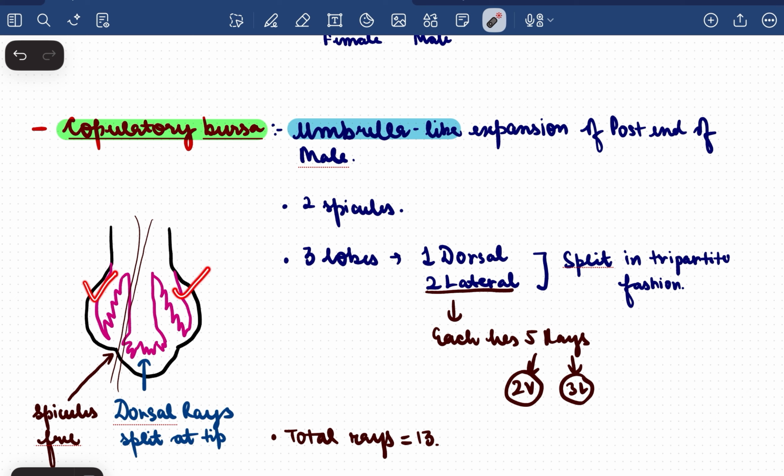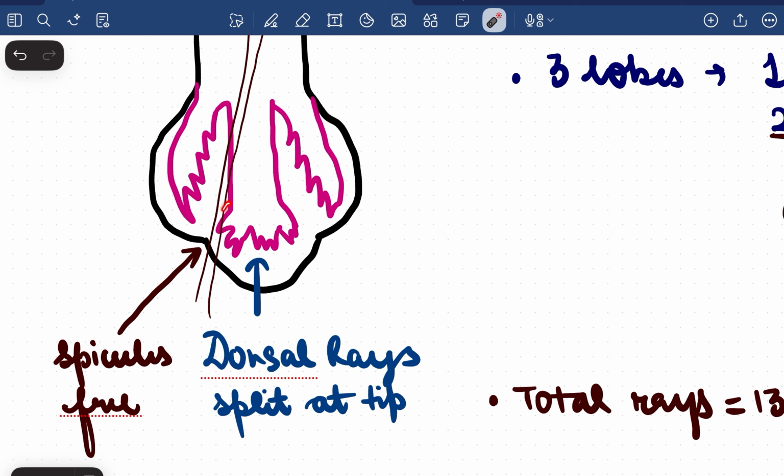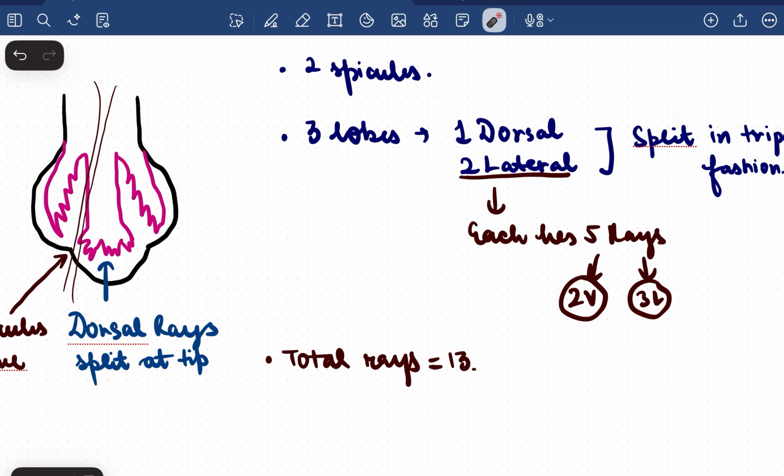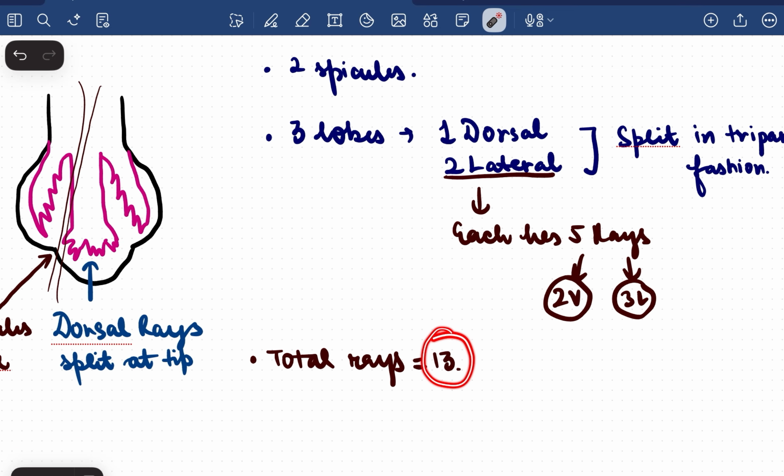These are two lateral in position and one dorsal in position. The lateral rays are 5 in number, 5 each, and the dorsal ray is also split in a tripartite fashion, which are 3 in number. So in total, we have 13 rays.